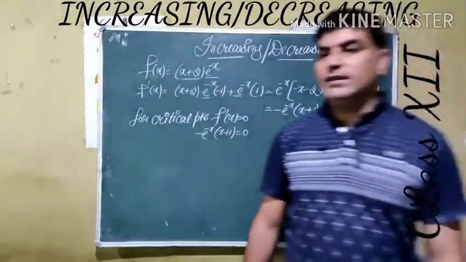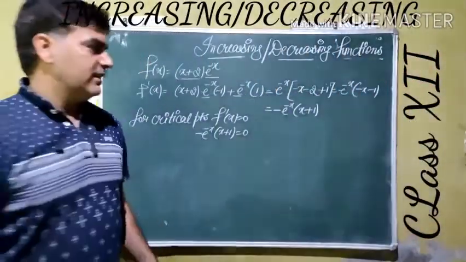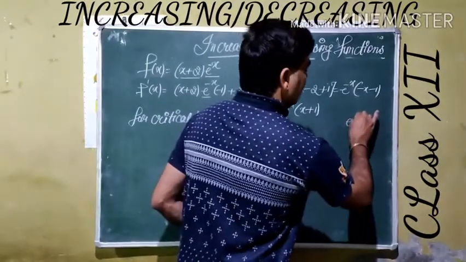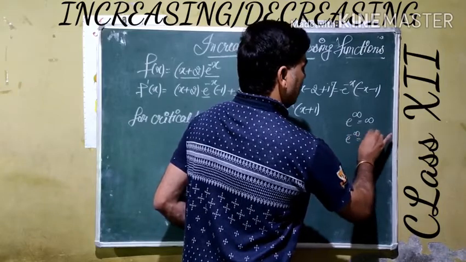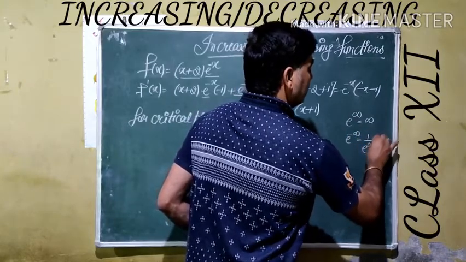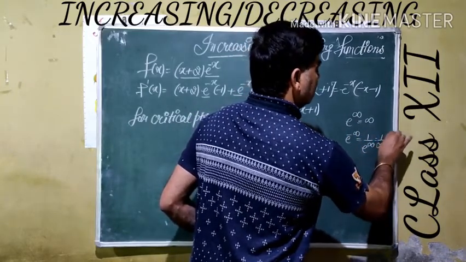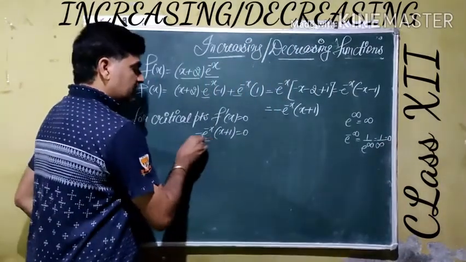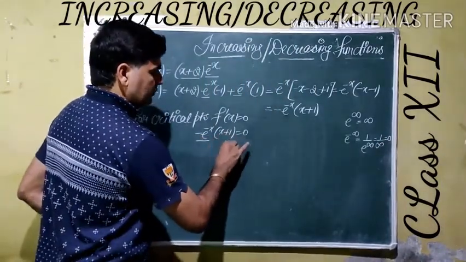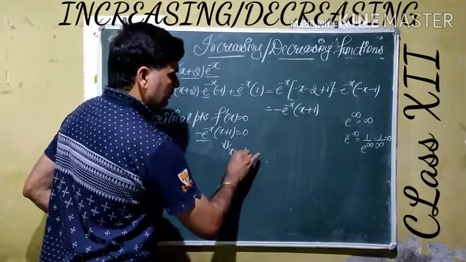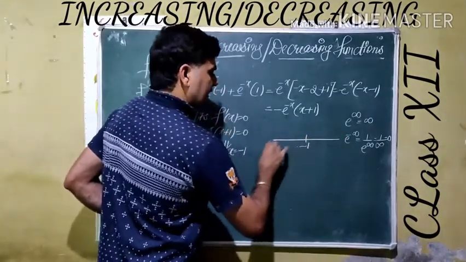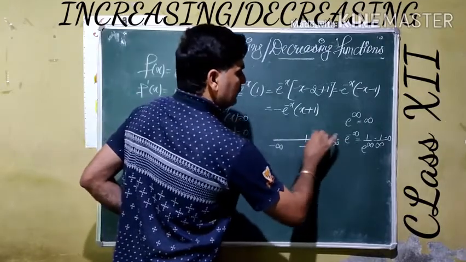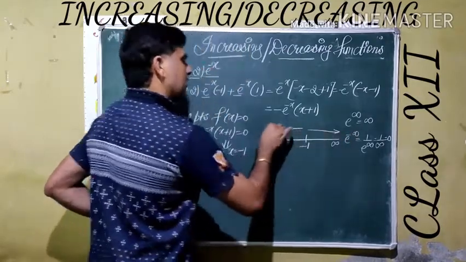It would be 0 only when the power is minus infinity, because e raised to infinity is infinity, and e raised to minus infinity is 1 by e raised to infinity, which is 1 by infinity, meaning 0. So this value cannot be 0. If we take the other factor equal to 0, the value of x comes out minus 1. On the number line, for minus 1 we have two cases, one on the right side and one on the left side.